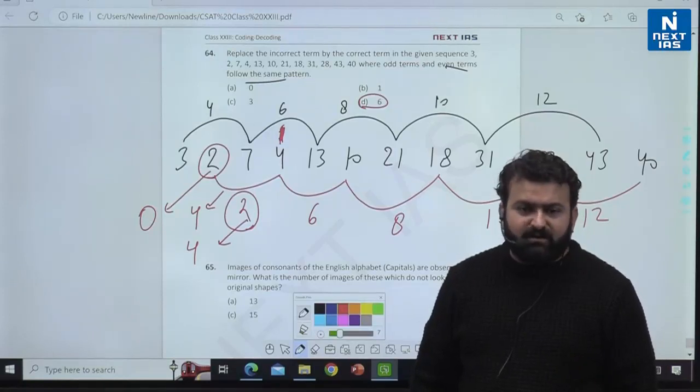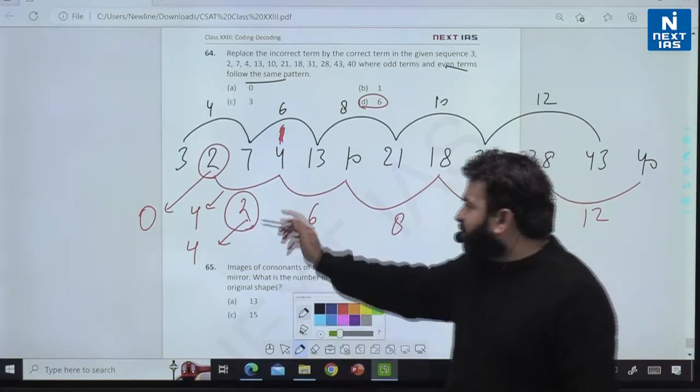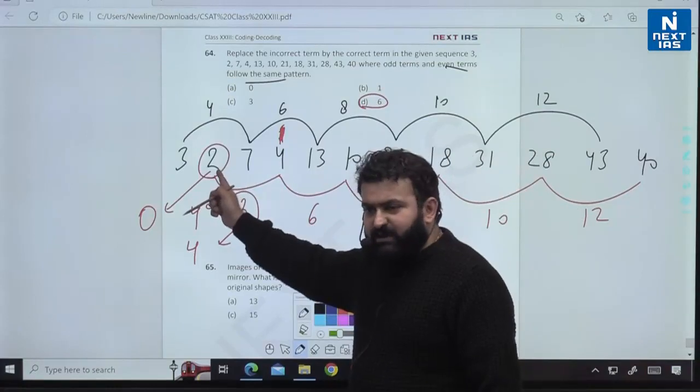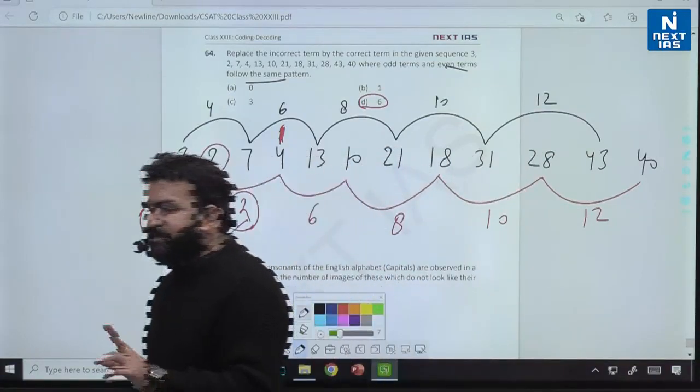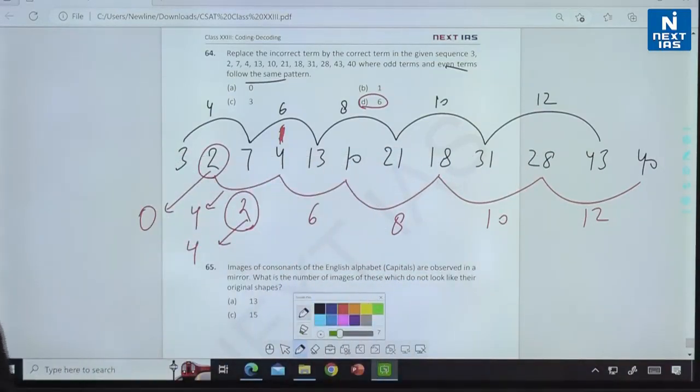Is this clear or not? So what is the wrong term? 2 is the wrong term, and 2 must be replaced by 0. Is this clear to all of you?